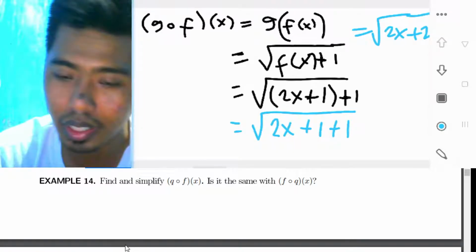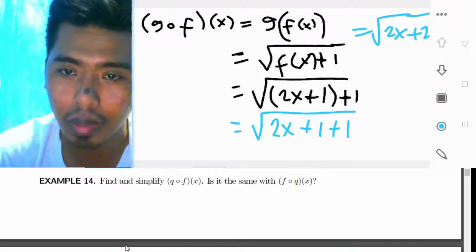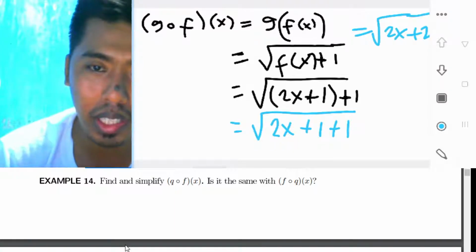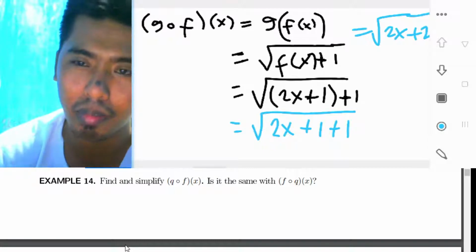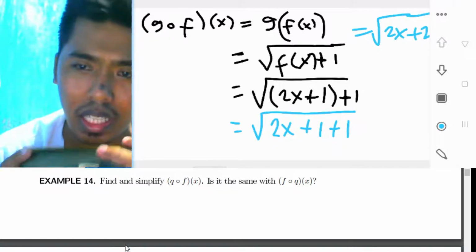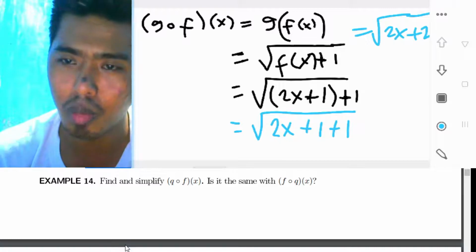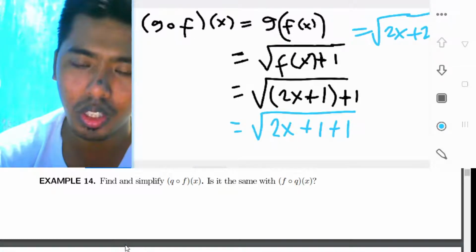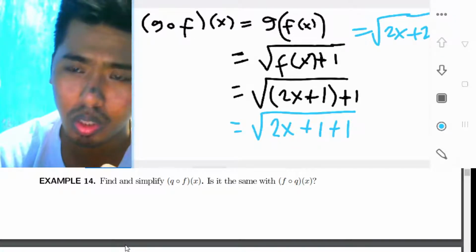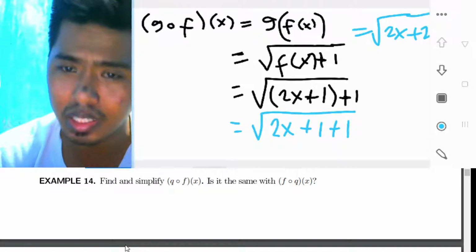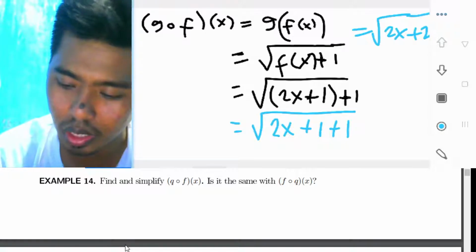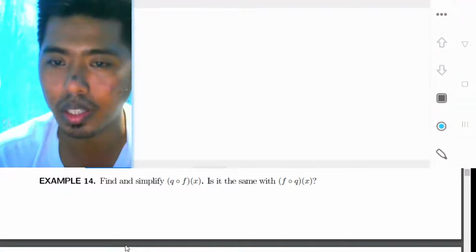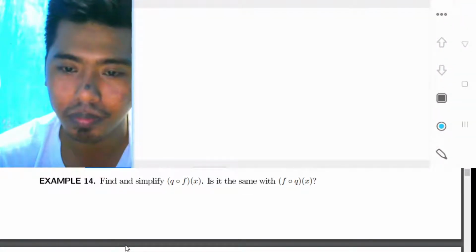The first thing to find is q composite f of x, and the second question is whether it is the same as f composite q of x. In order for us to know, we will find and simplify both, then after that we can conclude.